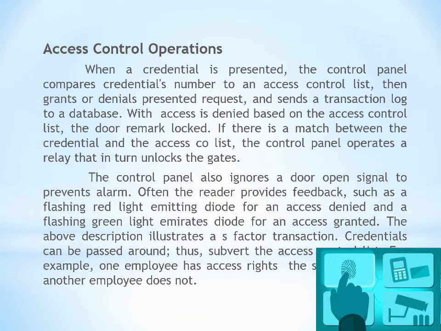If there is a match between the credential and the access control list, the control panel operates a relay that in turn unlocks the door. The control panel also ignores a door open signal to prevent an alarm. Often the readers provide feedback, such as a flashing red light emitting diode for access denied and a flashing green light emitting diode for access granted.